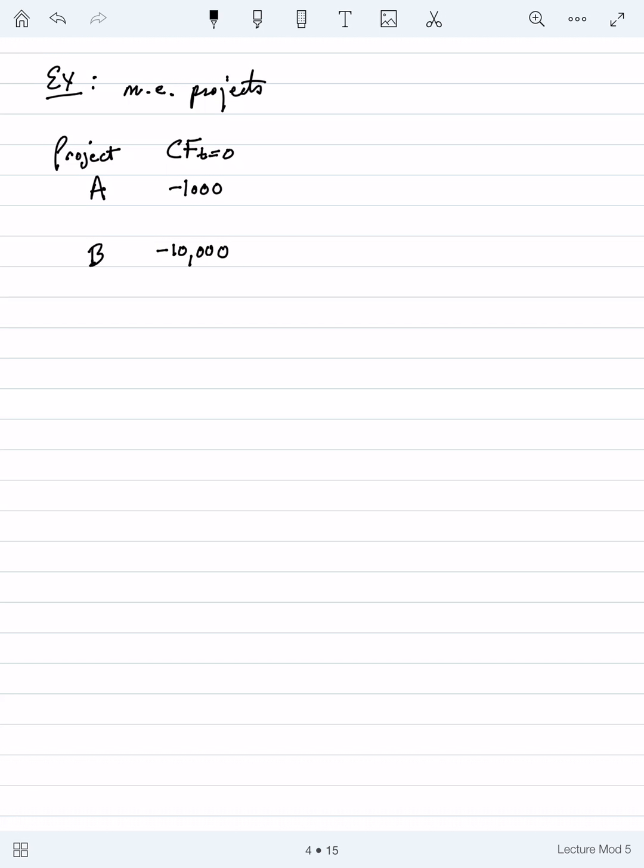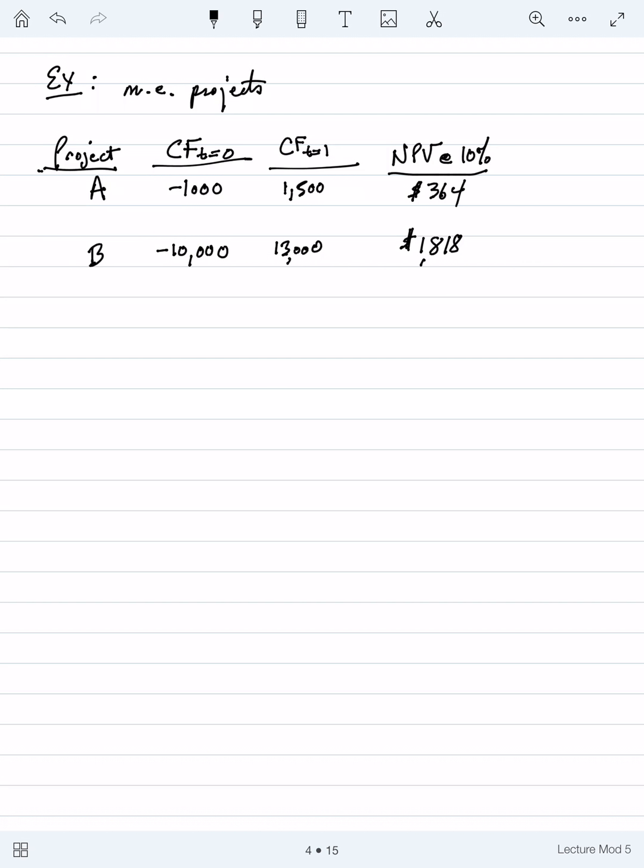Let's say cash flow in time period 1 is 1,500 for project A and 13,000 for project B. Let's see about our net present value, and again we'll use a 10% discount rate. The net present value of project A is 364. Of project B, it's 1,818.